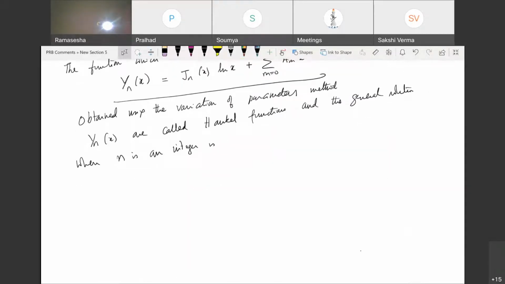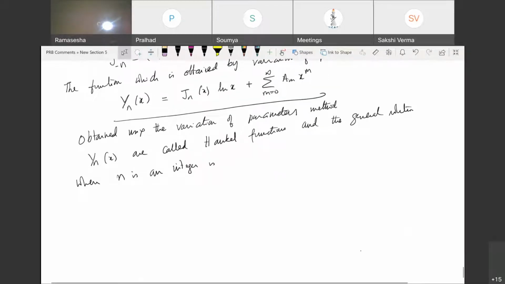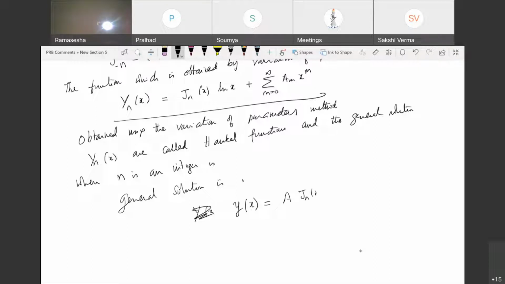So the general solution y of x is a J nu of x plus b Y nu of x. So these are the Bessel functions.